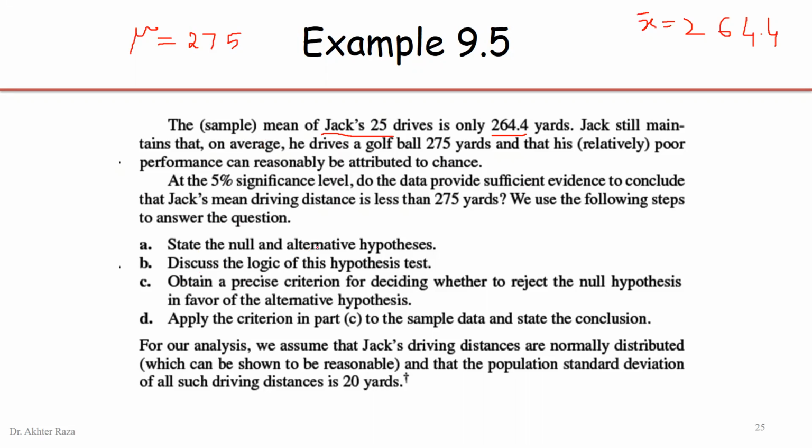So you have to state the null hypothesis at the 5% level of significance. This is alpha. Do the data provide sufficient evidence to conclude that Jack's mean drive distance is less than 275 yards? This is our alternate hypothesis. And we use the following steps to answer the question. So H naught is what? H naught is this.